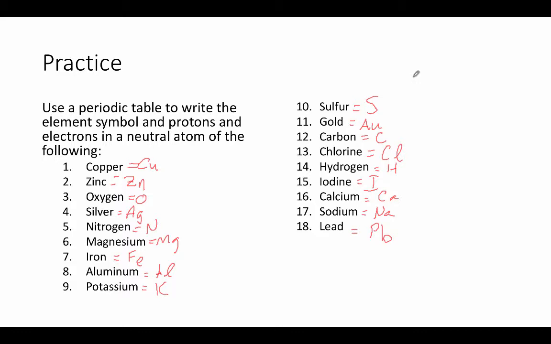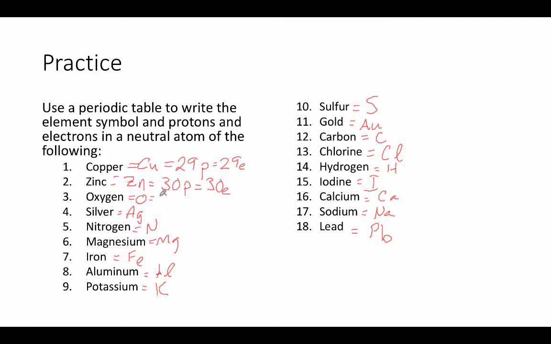To find the number of protons and electrons in each of these atoms, you look up the symbol on the periodic table and find the whole number. Copper is element 29, so there are 29 protons and 29 electrons. Zinc is element 30, so we have 30 protons and 30 electrons.